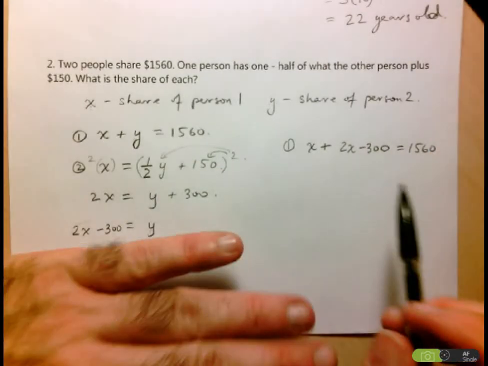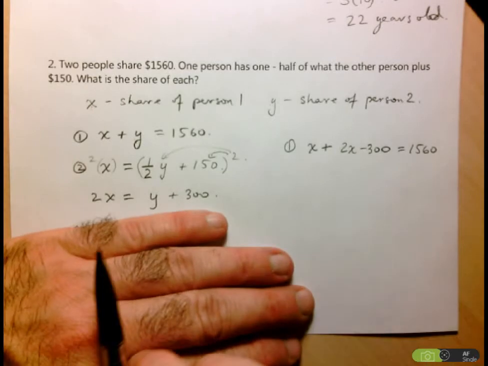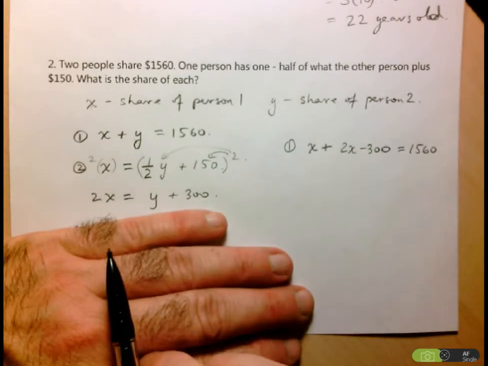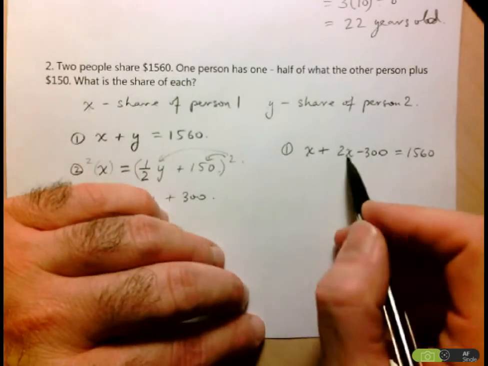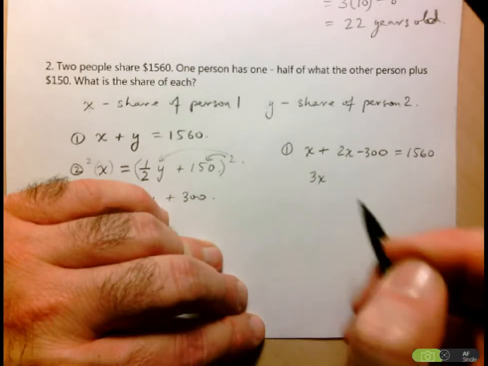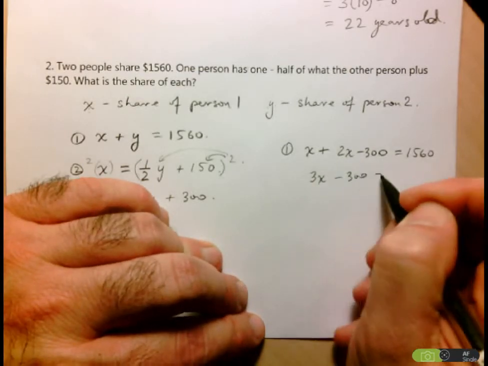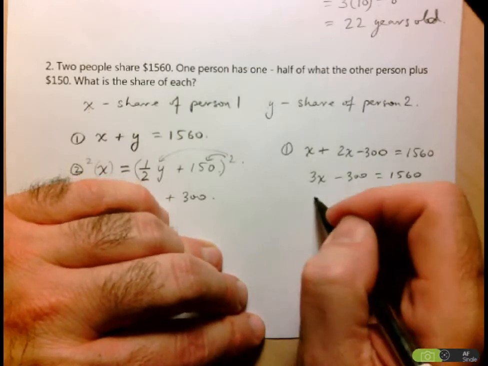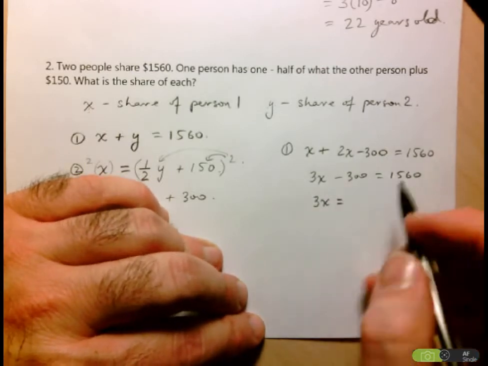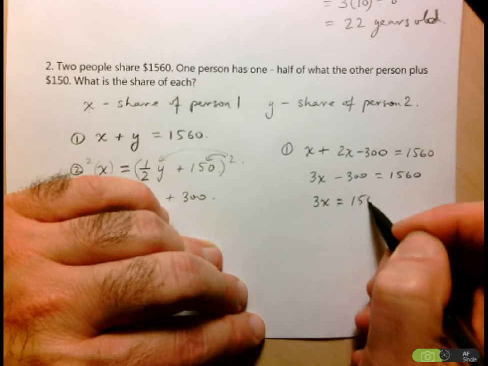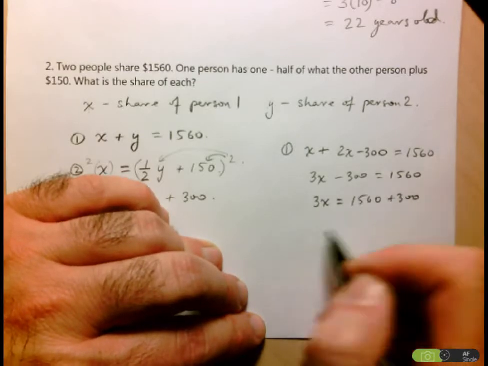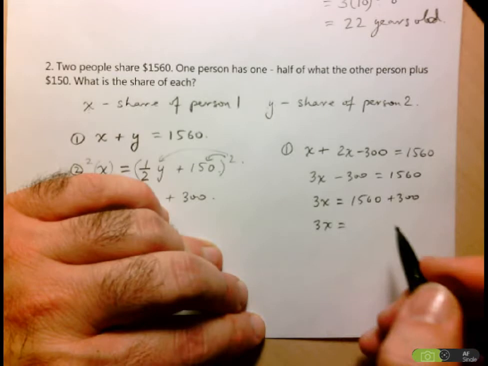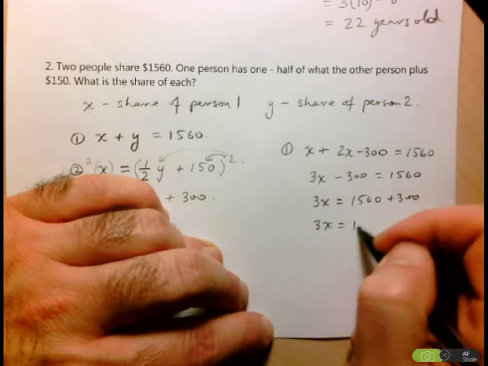So you see our goal is always to end up with an equation that has one variable. So let's solve this here. X plus 2x, 3x minus 300 equals 1,560. Let's bring the 300 to the other side, so 3x equals 1,560 plus 300. So this here would be 1,860.